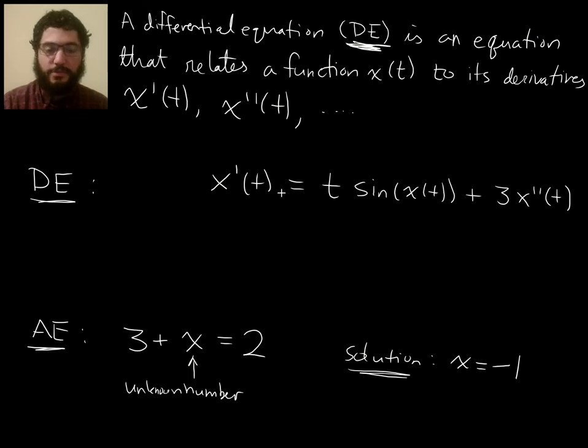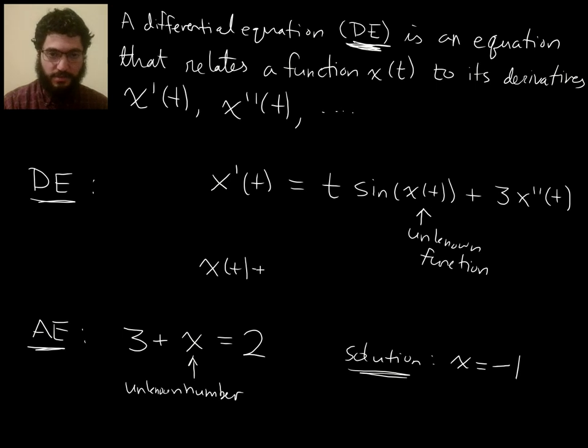We use the same language here for differential equations, except instead of an unknown number, we have an unknown function. And we would also say that if you give a particular function, I don't know, t squared, and this function made the equation true, if substituting this function into the differential equation gave you a true, correct equality, then you would call this a solution.